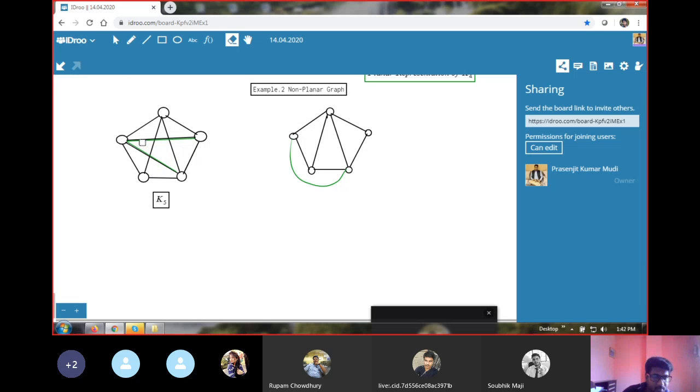Okay, so let me erase this. K5, and I just want to show you which edges are being successfully drawn. So this is successfully drawn. Okay, and then we can also construct this edge or this edge.